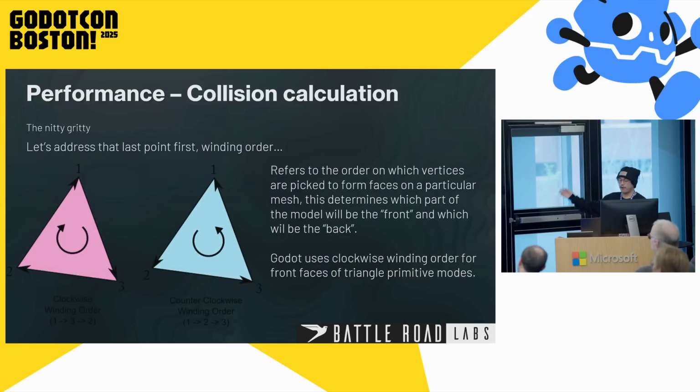And so for the collision calculation, the last point, sorry, winding order. The winding order is the order in which vertices are picked to form faces on a particular mesh. So this determines which part of the model will be the front and which part will be the back.